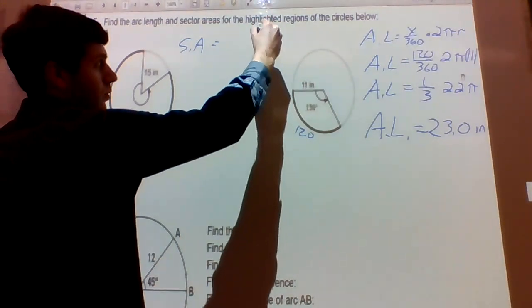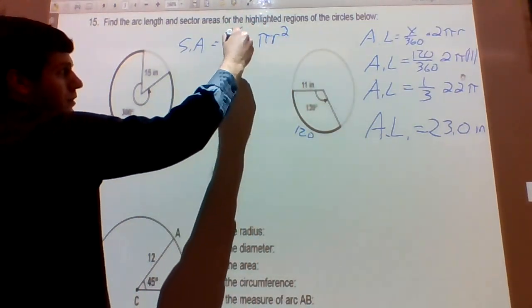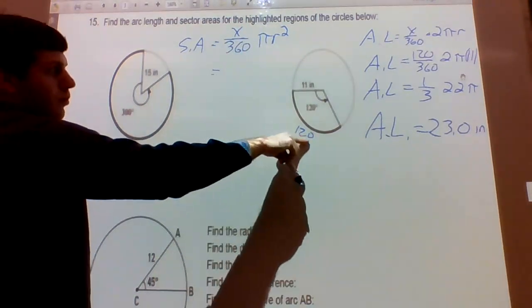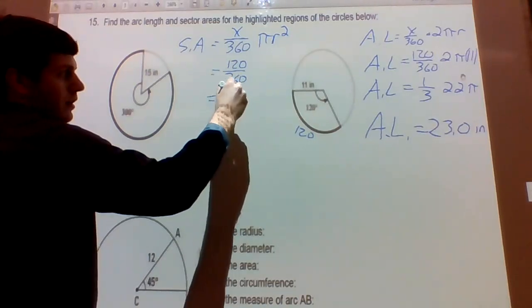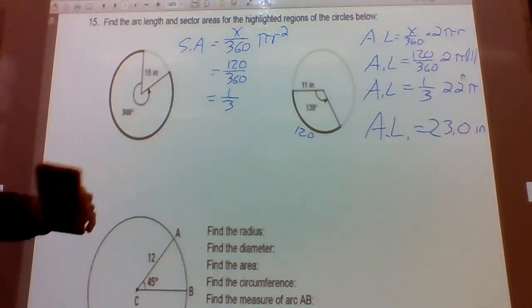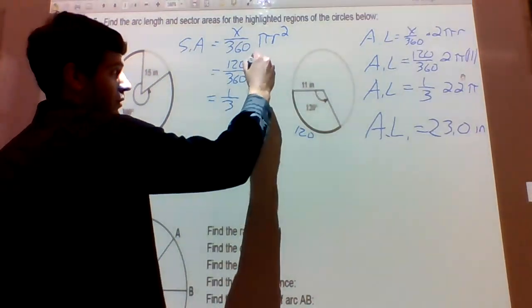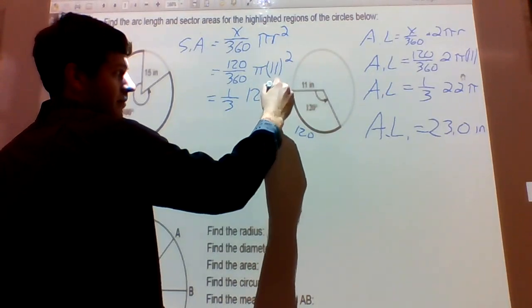So we're going to have the area of the whole thing, pi r squared, except we're going to multiply by the part we want, which is x over 360. So we want 120 out of 360, which is 1/3, the area of 1/3 of the circle. So pi r squared is pi times 11 squared, which is 121 pi.